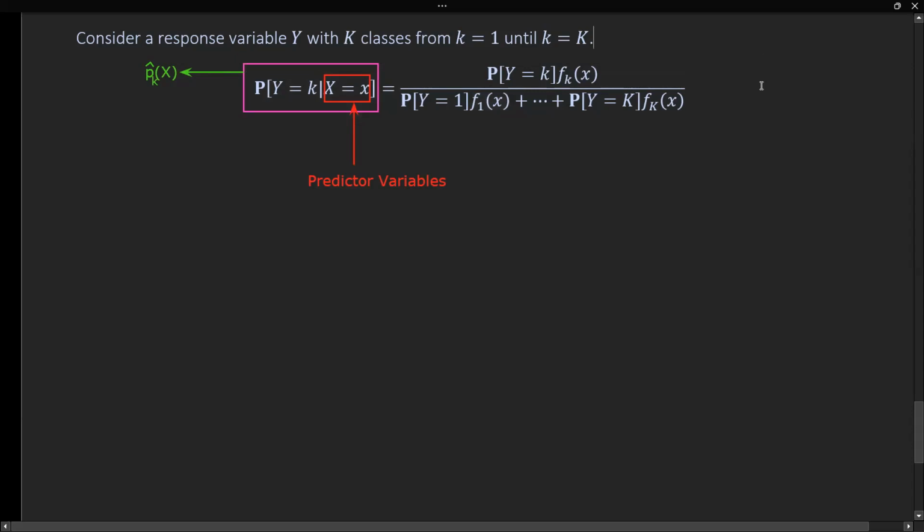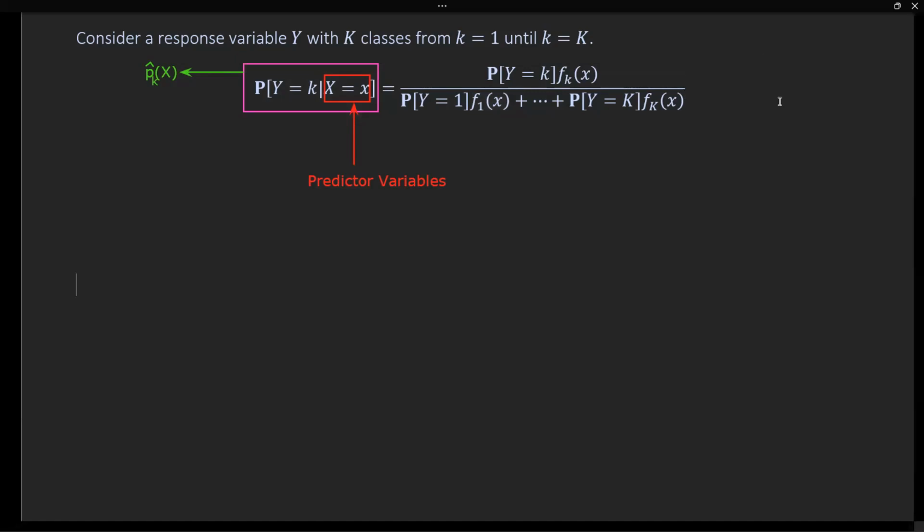But I think this, and let's just write it over here before I type anything else. The book is using this notation. This is simply the probability of x being x given that y is equal to k.